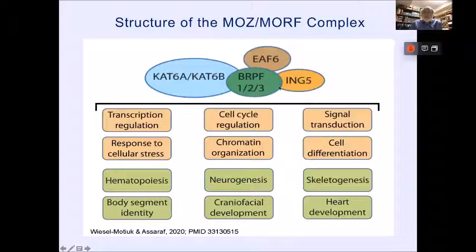This is just to show that there are other proteins involved in this complex, the so-called Mos-Morph complex, and these are also involved in directing these enzymes to specific sites. There are even more proteins than this in the system.